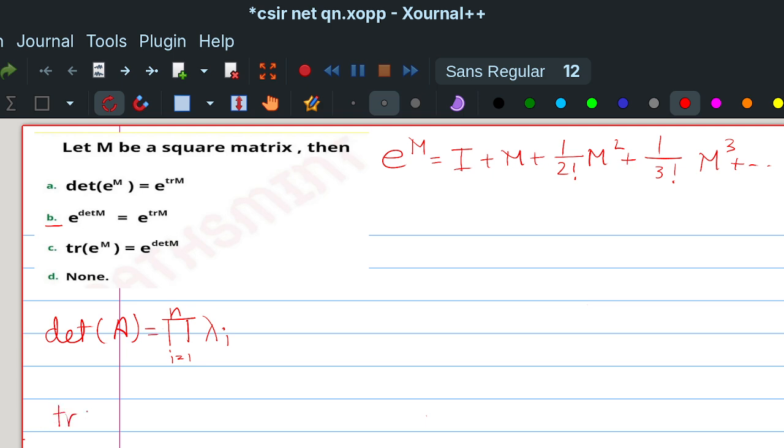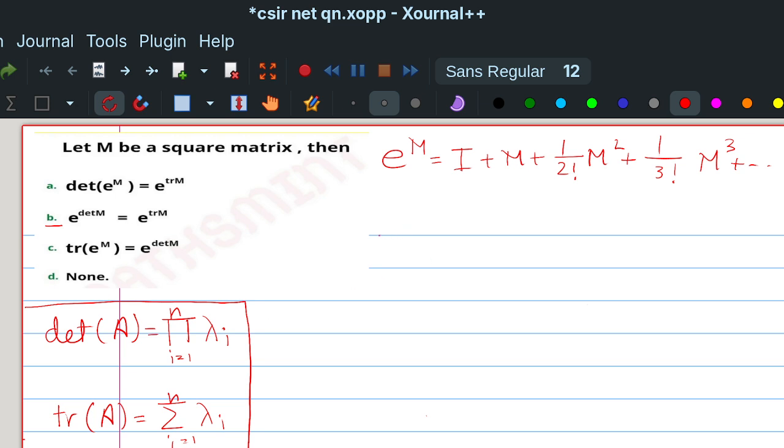And trace of any matrix A is equal to the sum of all the eigenvalues of that matrix A. So we will use these results. In case some lambda i occurs 2 times, we will take that lambda i twice in this product.